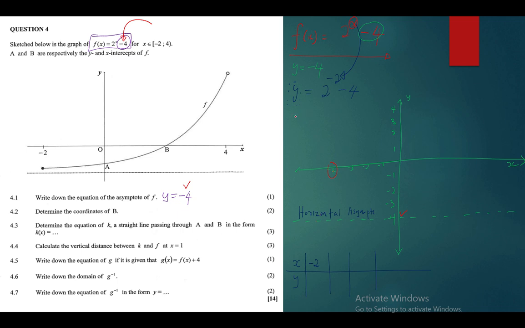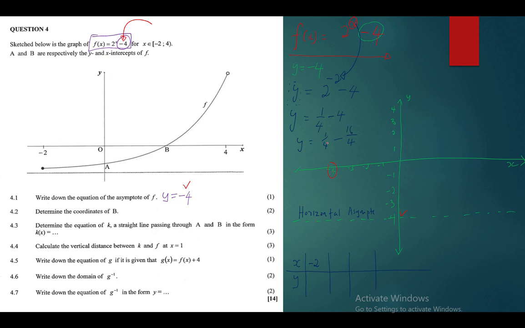So you say y equals 2 to the power negative 2 minus 4, which is the same as y equals 1 over 4 minus 4. You press your calculator. I don't have a calculator here with me, so it's 1 over 4 minus 4.